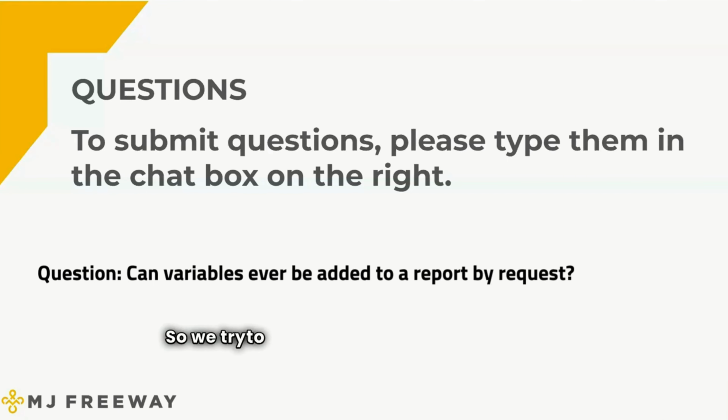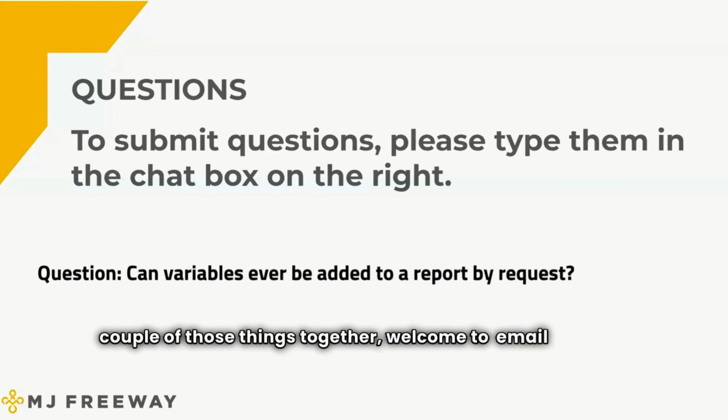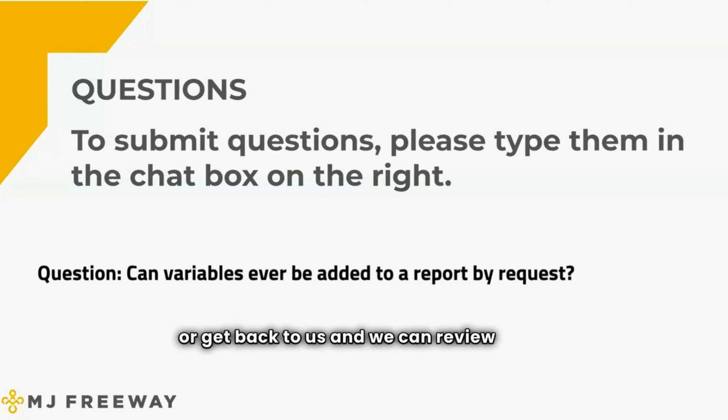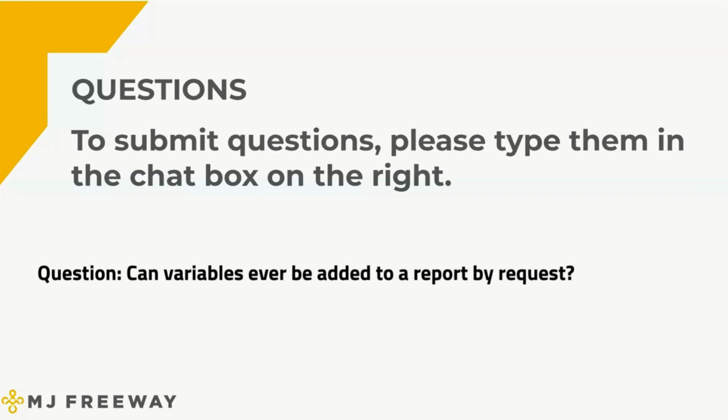So we try to keep each of these as big and broad as possible, but not limitless. So if there's a business use case and a specific reason why you might need a couple of those things together, you're welcome to email our team or get back to us, and we can review those and discuss if it makes sense to do that. But we do that all the time.